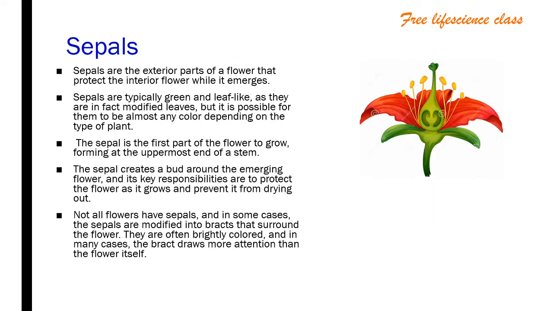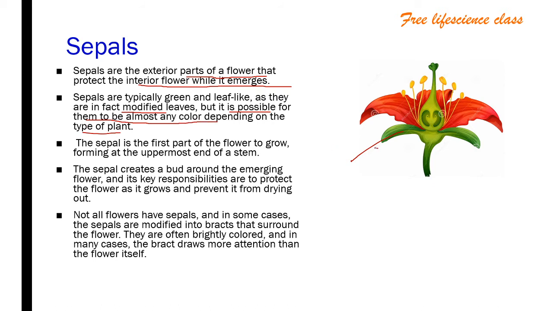About sepals. Sepal is the green colored part in the plant. This is the exterior part of the flower that protects the interior of the flower while it emerges, in the case of a bud. Sepals are typically green and leaf-like, as they are in fact modified leaves. But it is possible for them to be almost any color depending upon the type of plant.